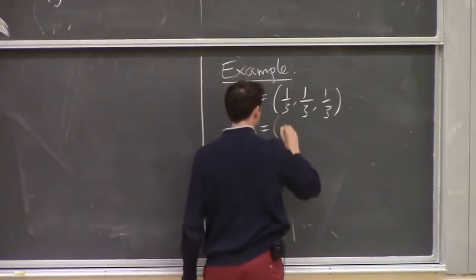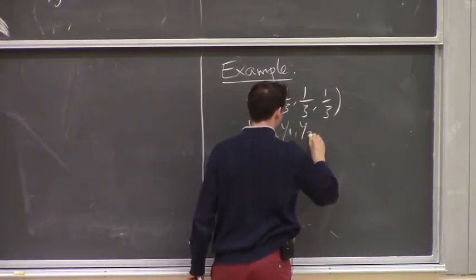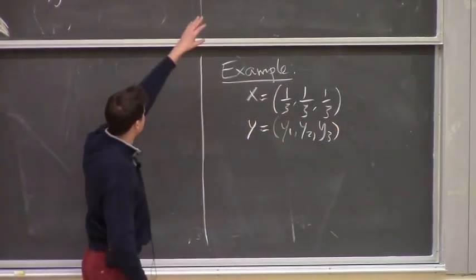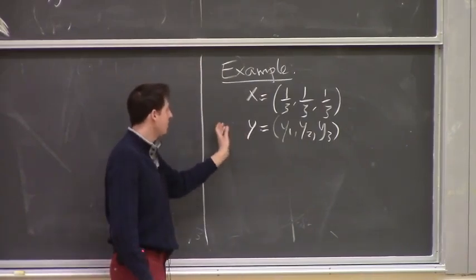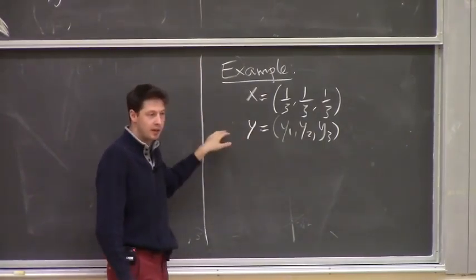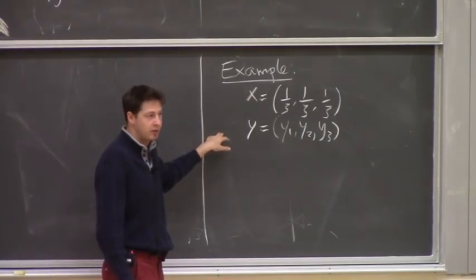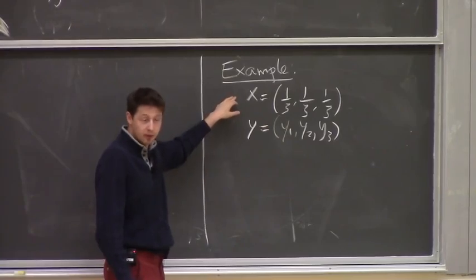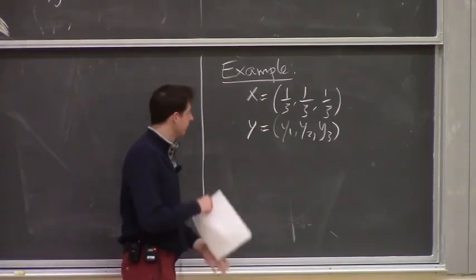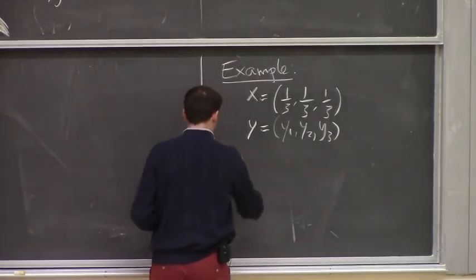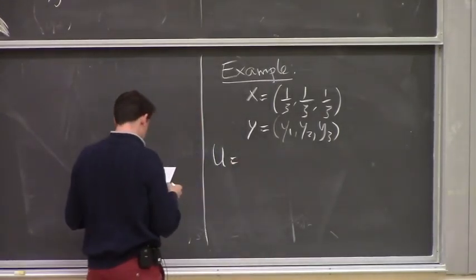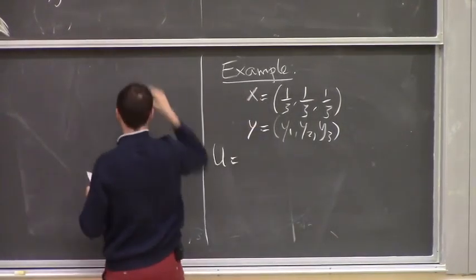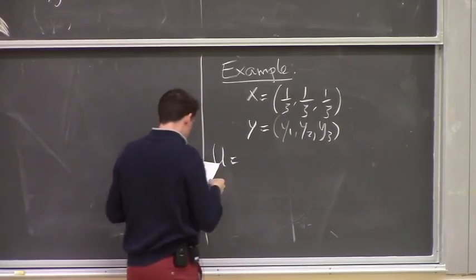The other player is going to play something that is y1, y2, y3. A special case of this would be the one up there. But here I'm just saying, let's see what happens if the column player plays some arbitrary mixed strategy against the row player's random strategy. And let's again compute U.